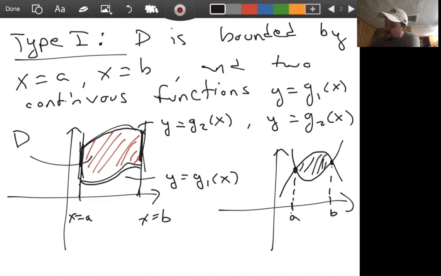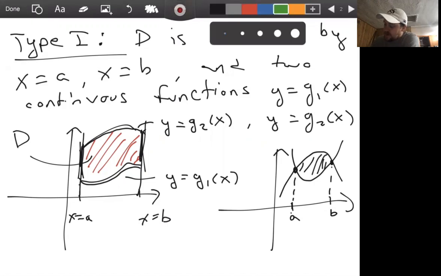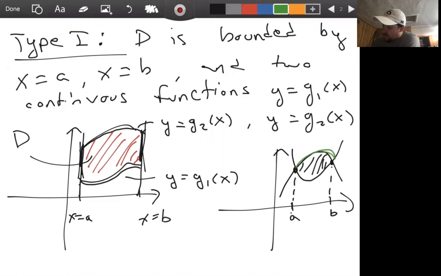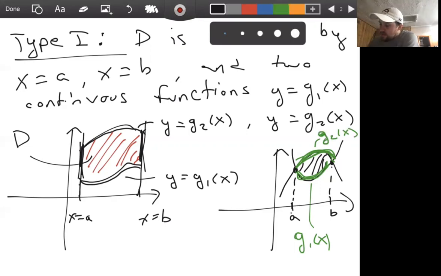But this is still a region of type 1 because the y bounds are both functions of x, right? And so this would be g1 of x and g2 of x, something like this.